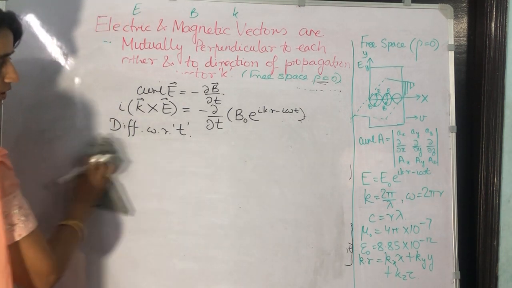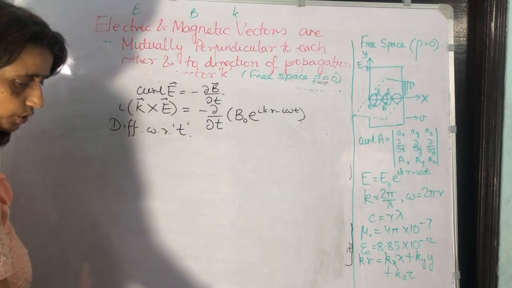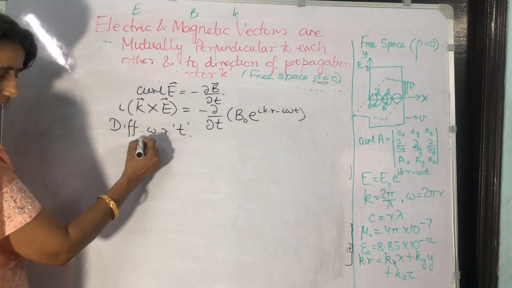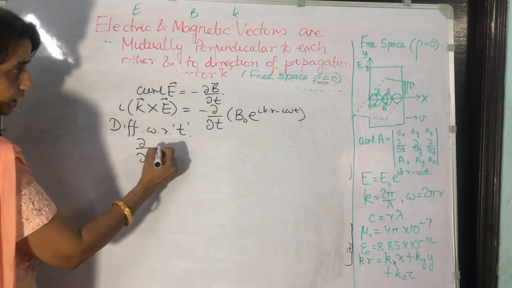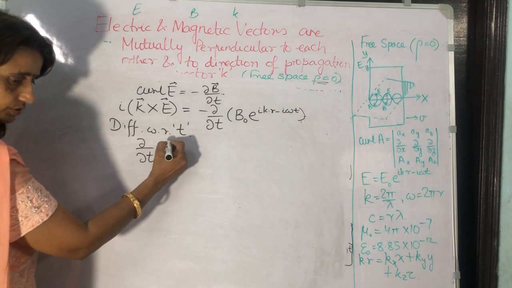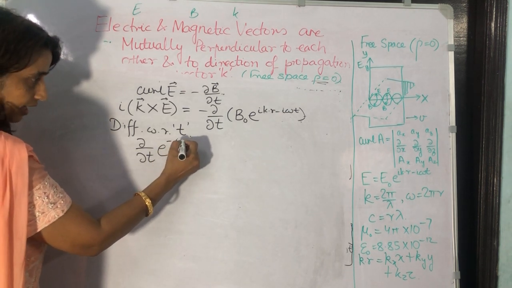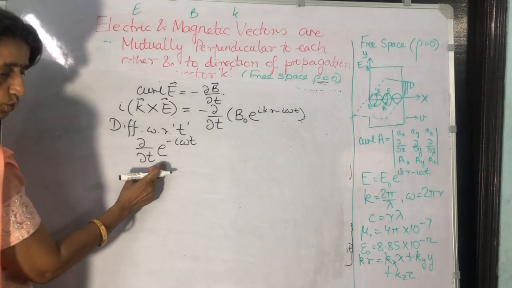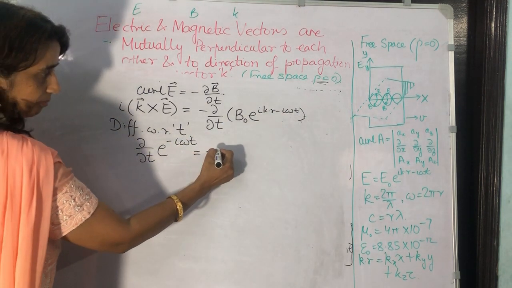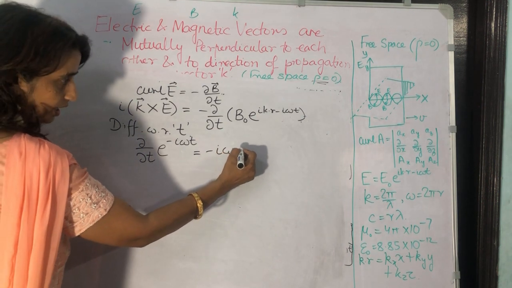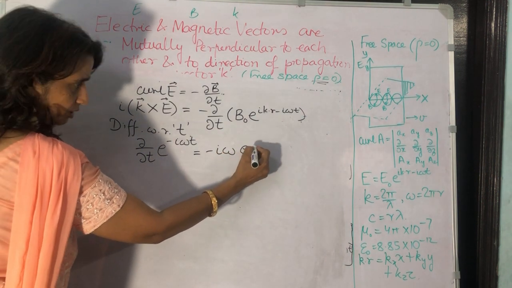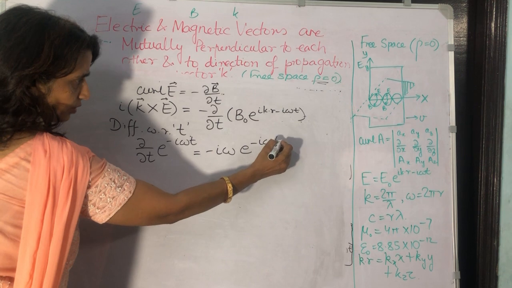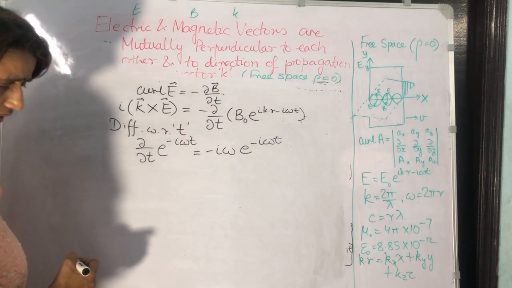So we differentiate it, and what do we get? We get del by del t of e to the power of minus I omega t, because we are differentiating it with respect to time. It becomes minus I omega e to the power of minus I omega t, right?